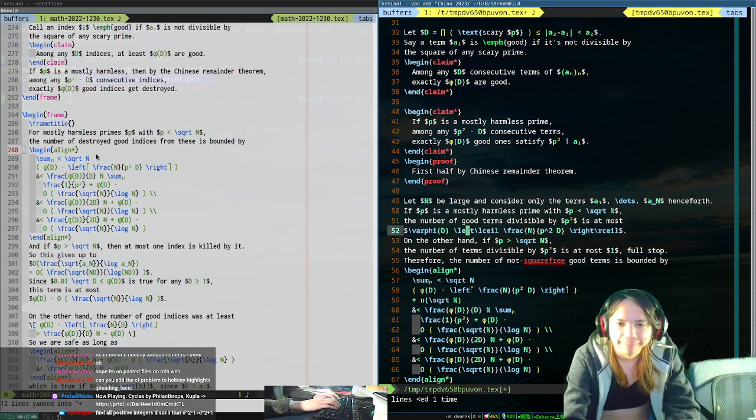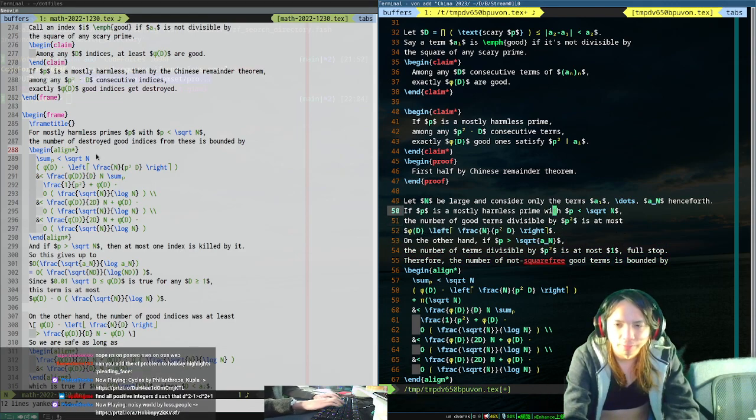Oh wait, if p is greater than root, I meant a_n, not root n. Wait, does that screw me up? That shouldn't, right? No, I do mean n. Yeah, that's the point. If I use a_n, it's not good enough.